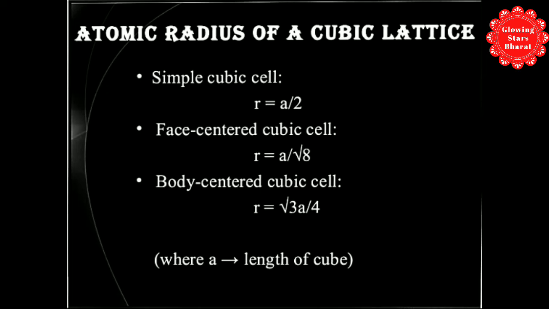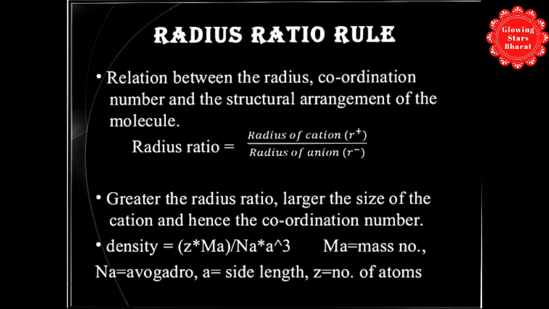Density is equal to Z into Ma by Avogadro number into side length cubed, where Ma is mass number, Na is Avogadro number, a is side length and Z is number of atoms.